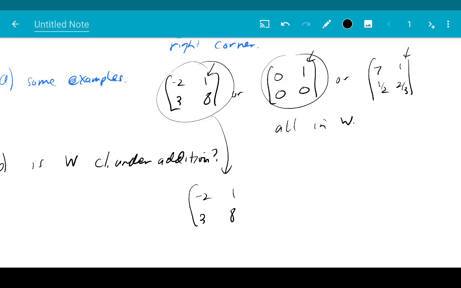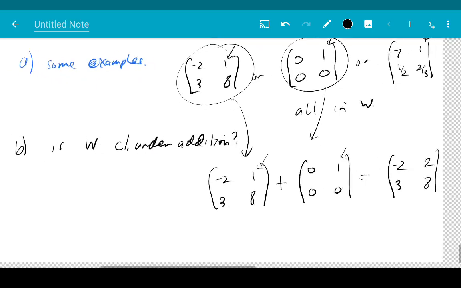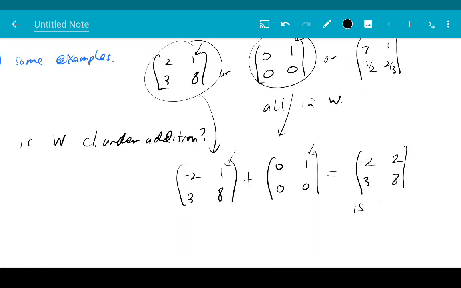If I take the first one and the second one and add them together, what do I get? We'll get -2 in the upper left. In the upper right, I'm adding a 1 and a 1, so I'm going to get 2. Lower left is 3 and the lower right is 8. The question is, is the result always going to be in the set W?